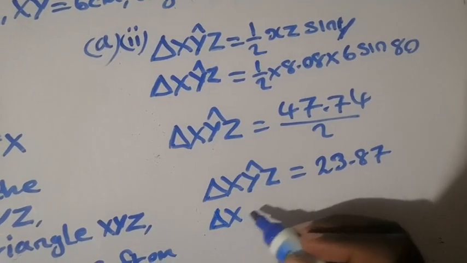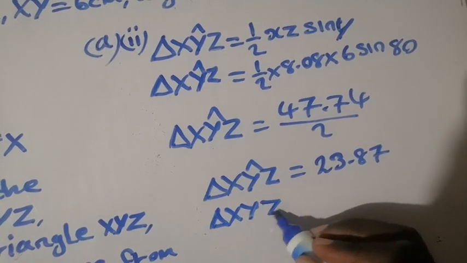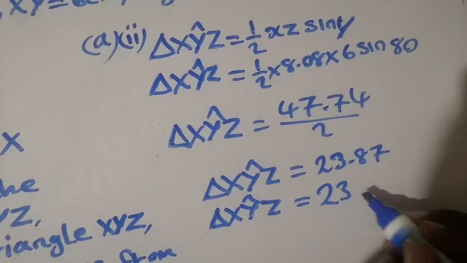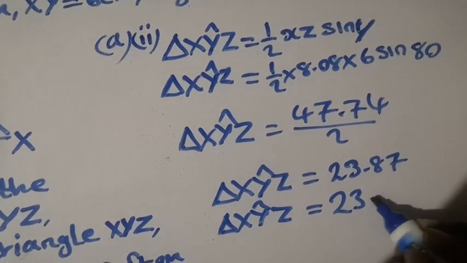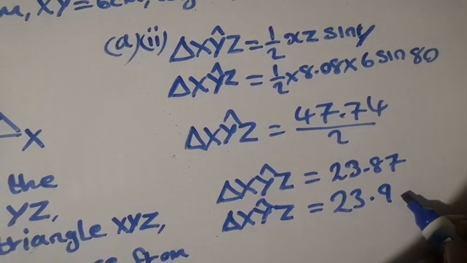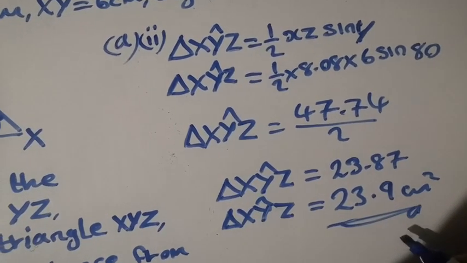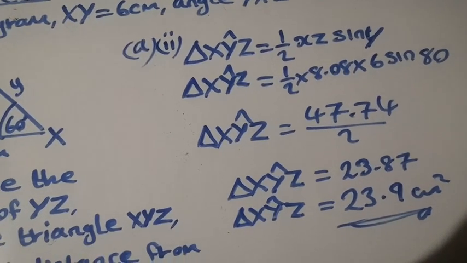If you round off to 3 significant figures, it is going to be 23.9 centimeters squared. So this is our area.